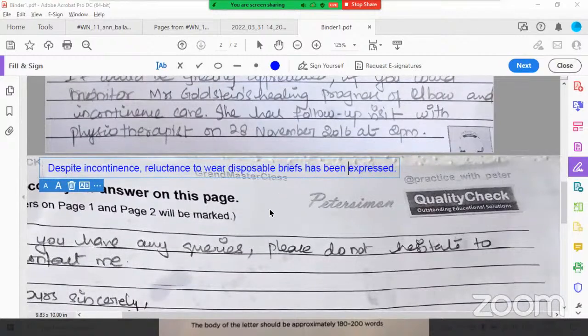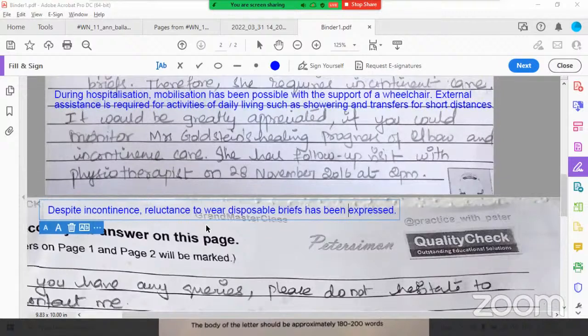Despite incontinence, reluctance to wear disposable briefs has been expressed, or reported, or mentioned, or informed. Okay. You want to write the other words, you can write it. Mentioned, expressed, reported, informed.